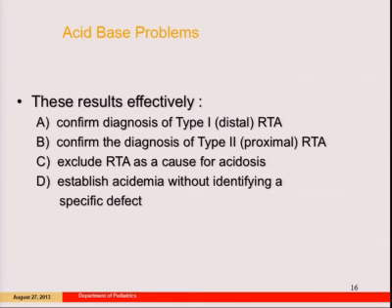This result would confirm the diagnosis of distal RTA. He cannot acidify his urine in response to an acid load. That should be less than 6. And so, those of you who jumped the gun, you were right.